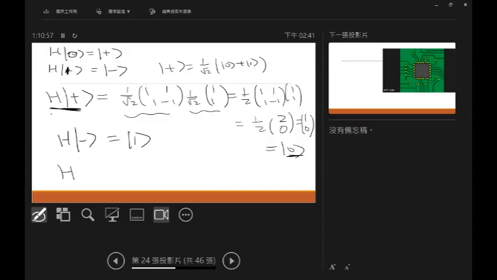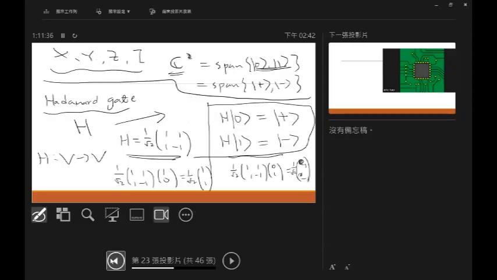So simply speaking, this H will map the standard basis, the eigenbasis of z as 0, 1, to the eigenbasis of x, plus or minus, and convert from 0 to plus and 1 to minus. It's easy to check that H on 0 is plus and H on plus is 0, so H squared is 1. So H is a Hermitian operator, and yeah. Okay, so good.